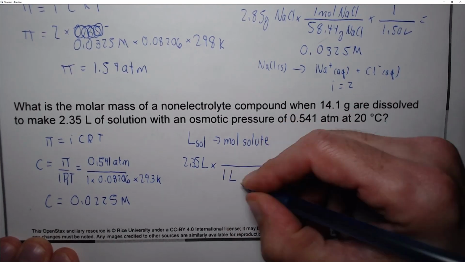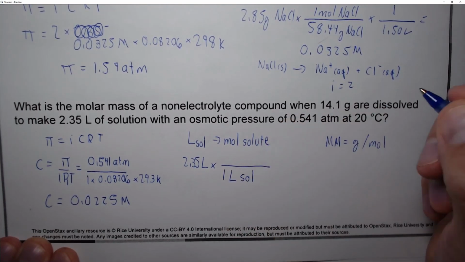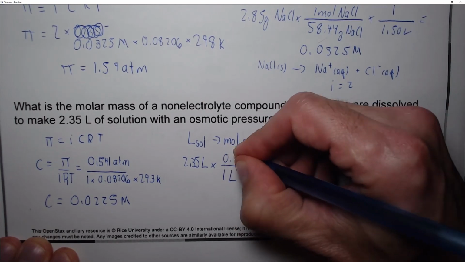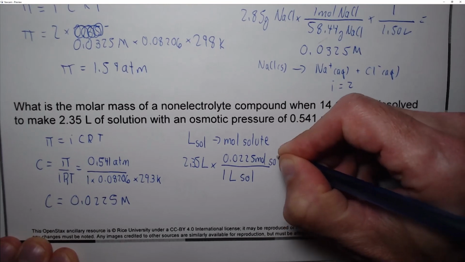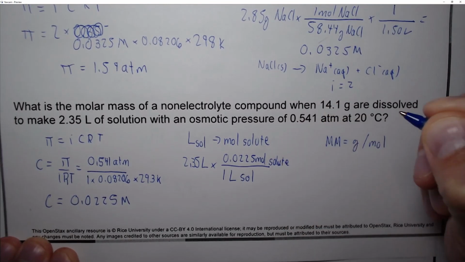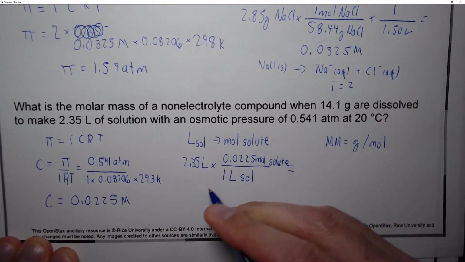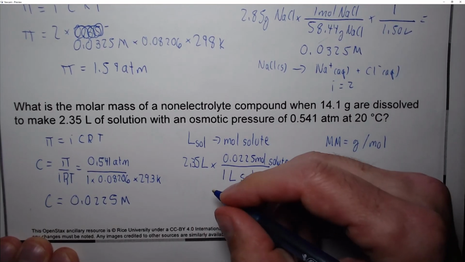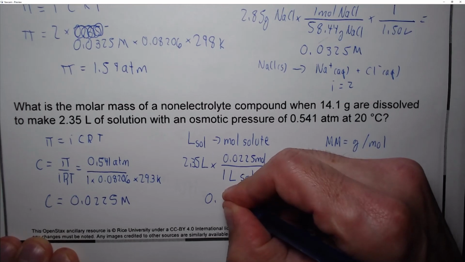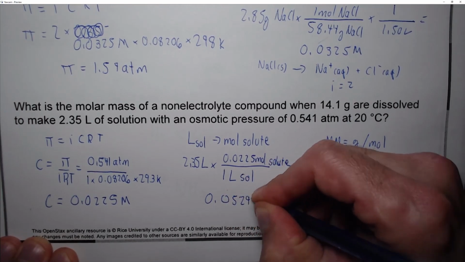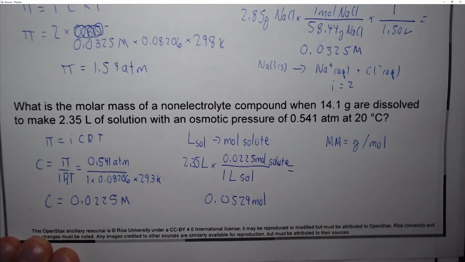So if I put 1 liter of solution on the bottom, I could put 0.0225 moles of solute on the top. And when I do that dimensional analysis, multiply by the top, divide by the bottom, I find that there are 0.0529 moles of solute present.